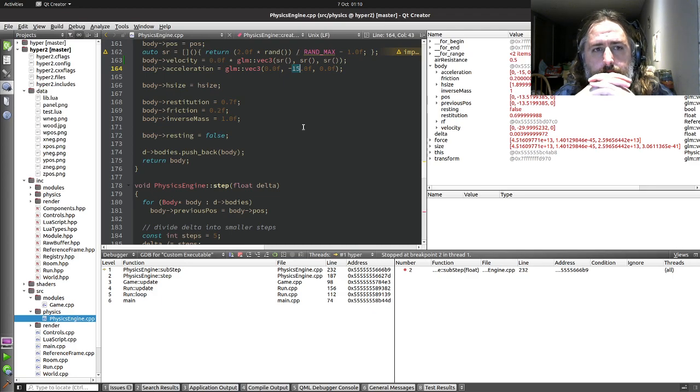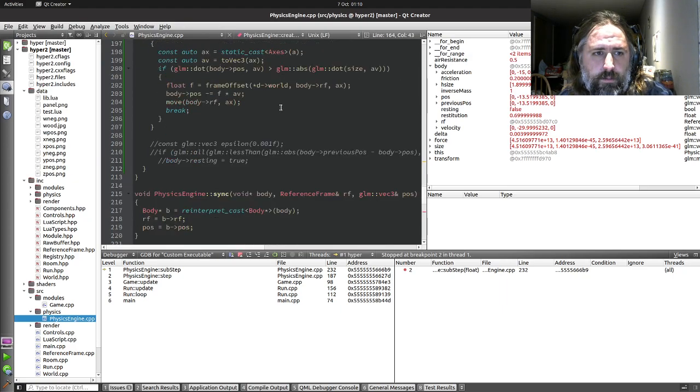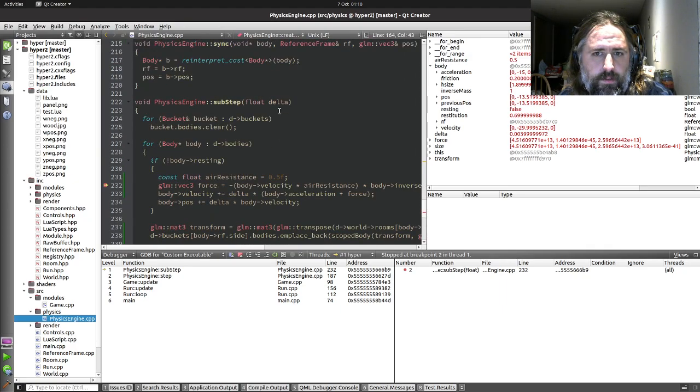So if we want to make... I mean, it's only 1 kilogram. It really should be larger. But also, that air resistance should be lower. What's a good top speed? I don't know.